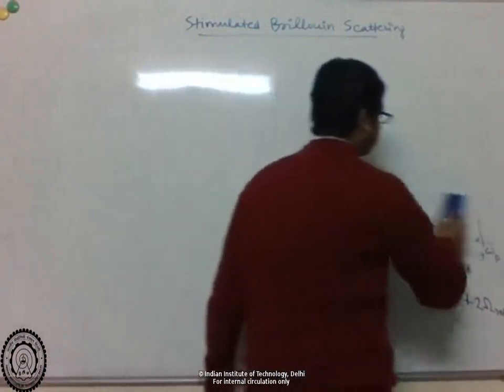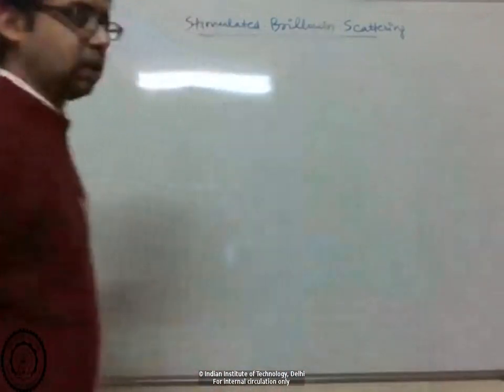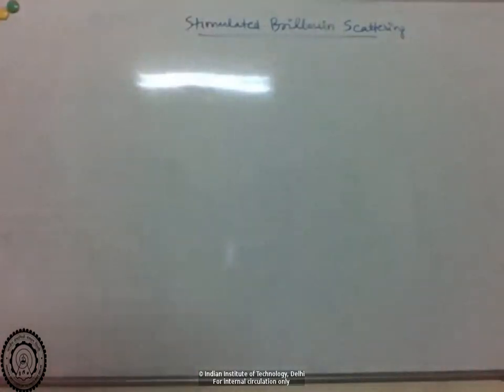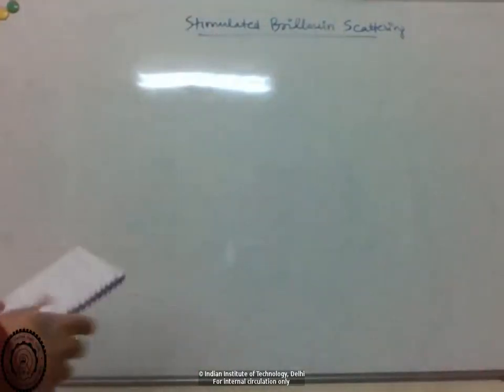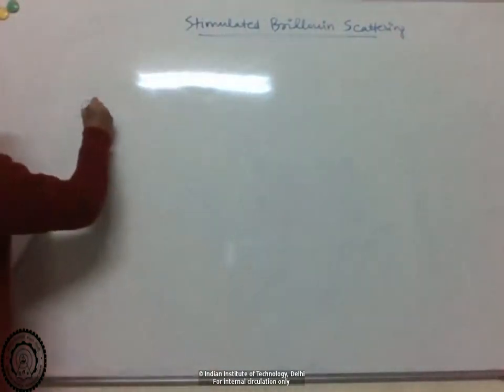So the refractive index change is much faster, which means you can get larger group delays with SBS.